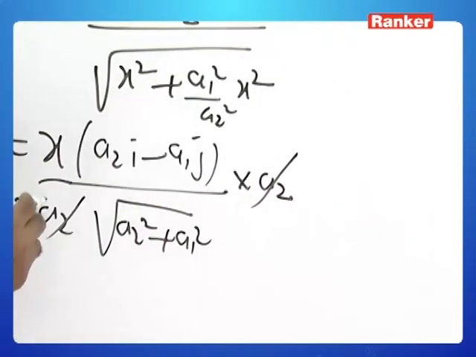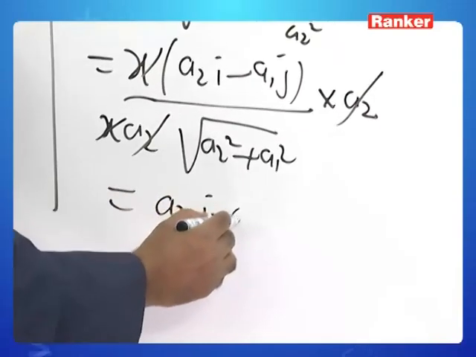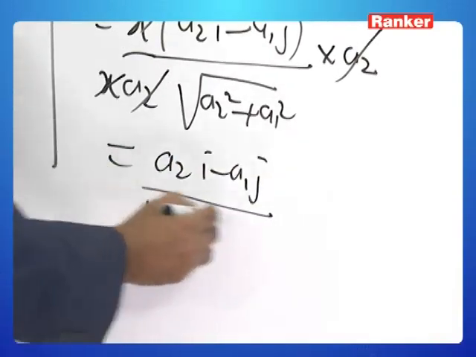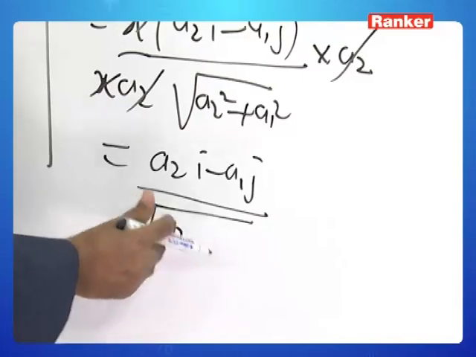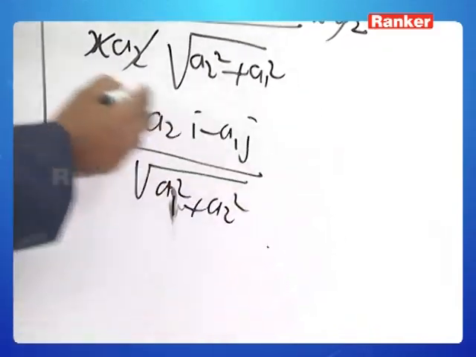This and this get cancelled, x and y get cancelled. So therefore I can write a2i minus a1j, that is a1 square plus a2 square.